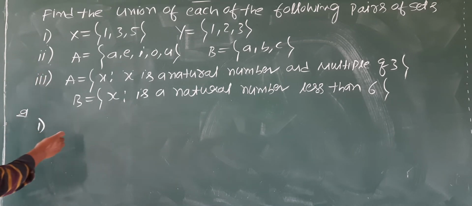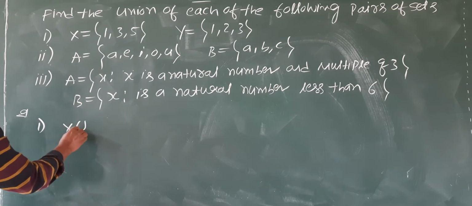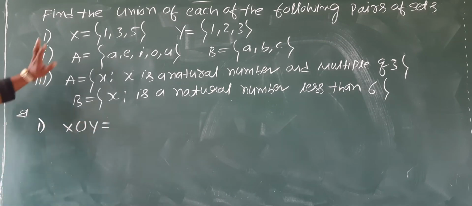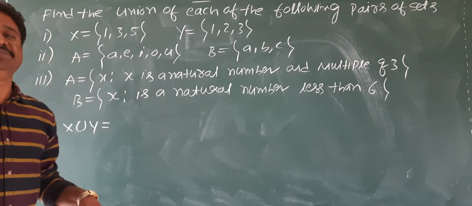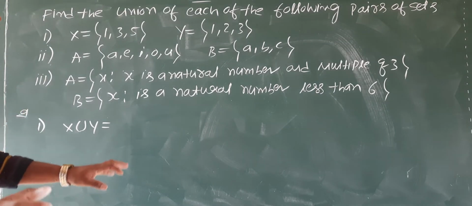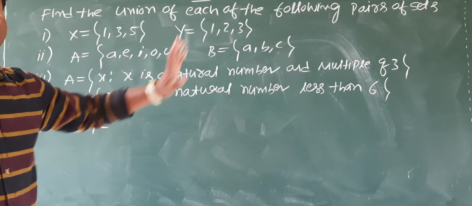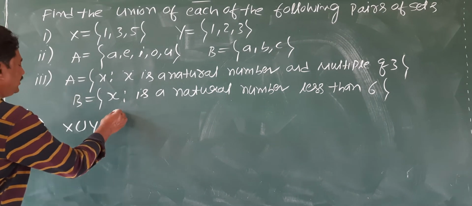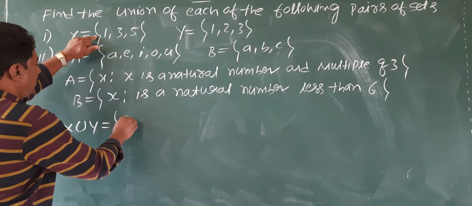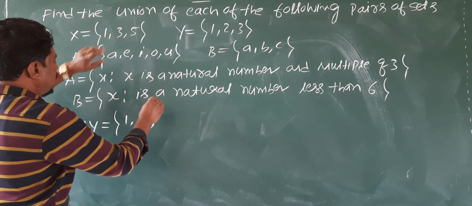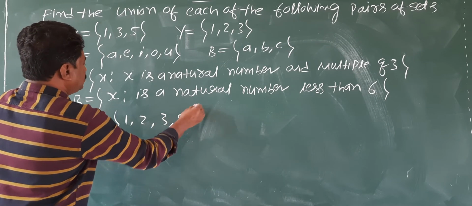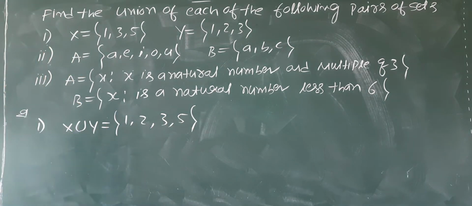First one, X union Y. Union means collecting all the elements from both X and Y. So 1, 2, 3, 5. That's X union Y.